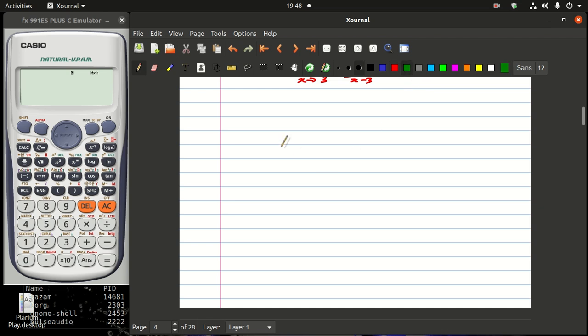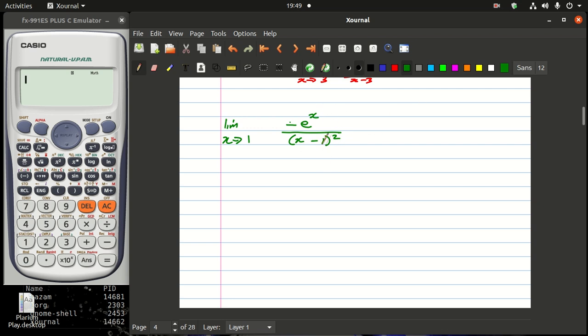Another thing that I want us to look at, let's take one last example. Suppose I want you to evaluate the limit as x approaches 1, and in the numerator we'll have minus e to the power x, all over x minus 1, squared.